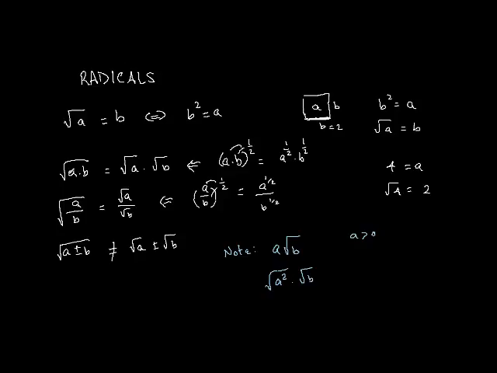Now, using this first property over here, I can recombine this as a squared times b all underneath the same radical. So if you have a times the square root of b, you can bring the a back into the square root by squaring it. So a quick numerical example of this, if I have 2 times the square root of x, well, this is the same thing as saying square root of 4x.